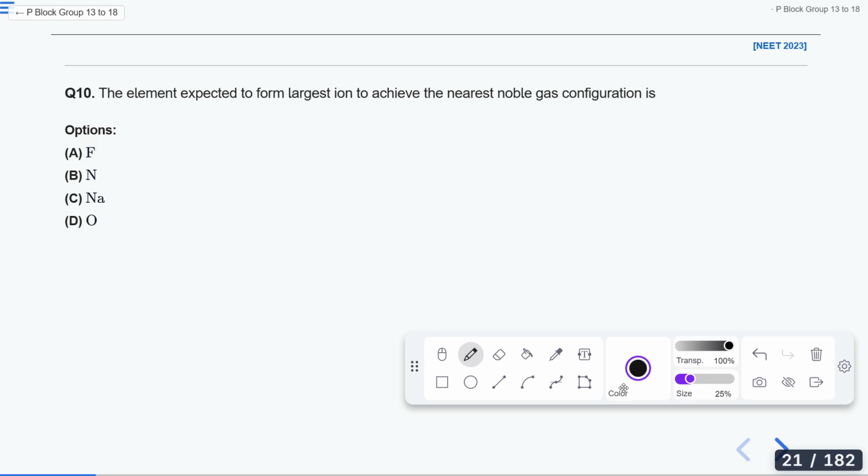The element expected to form the largest ion to achieve the nearest noble gas configuration. The elements which are expected to form the largest ion to achieve the nearest noble gas configuration. Yes, students, what will be the answer?